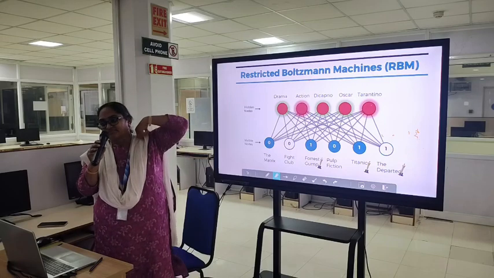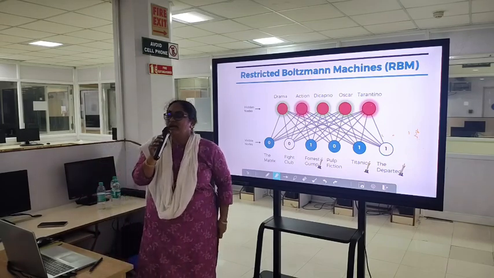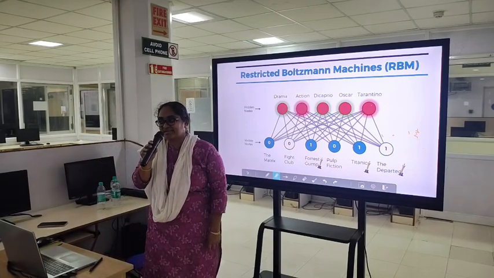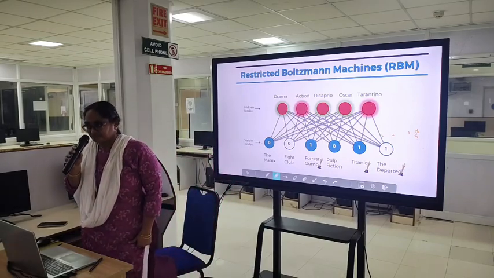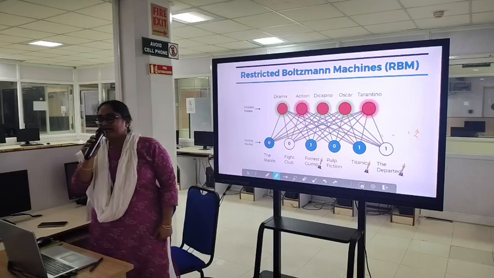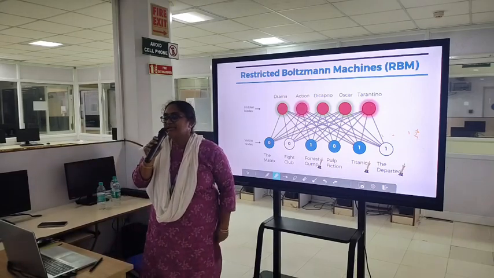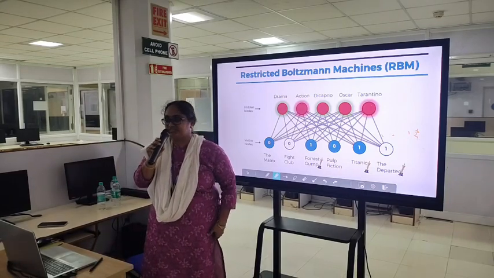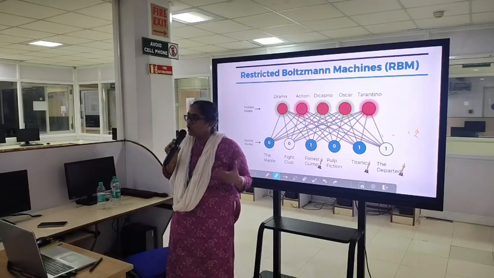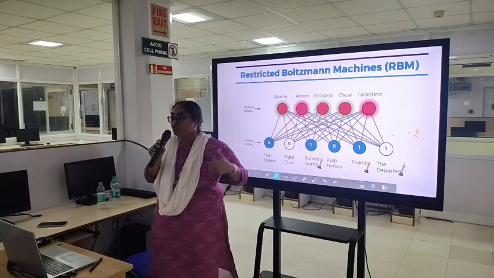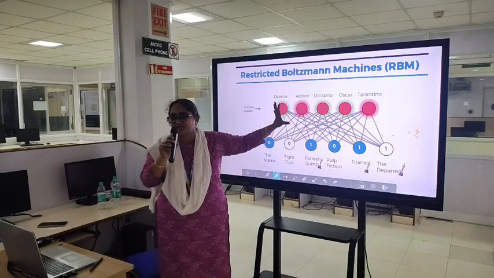In a recommendation system using Boltzmann machines, when it is trying to build a model, are the features automatically extracted, or are we telling what to concentrate on?